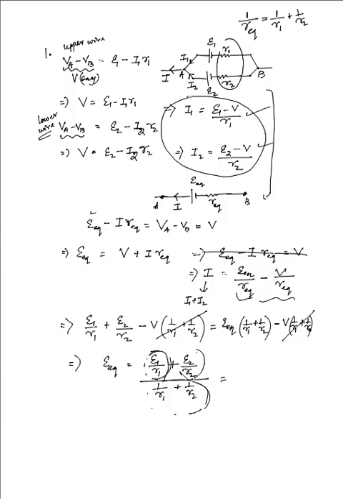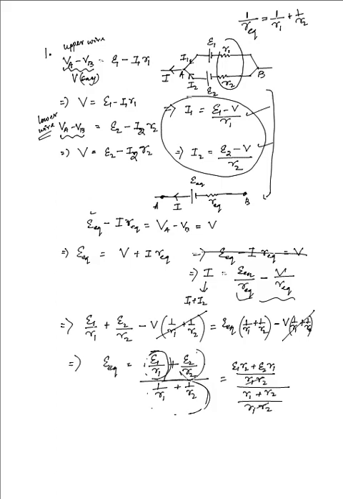But from a simplification point of view, R2 and R1 can have the LCM. The LCM is R1 into R2, so R1 times R2, and in the denominator we have R1 plus R2 divided by R1 multiplied with R2.